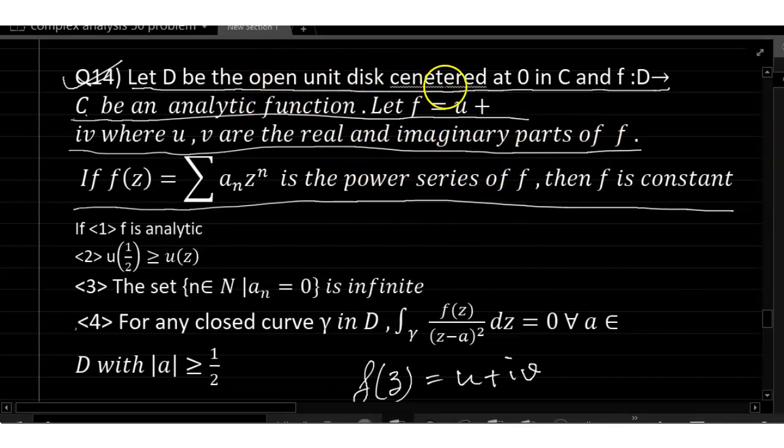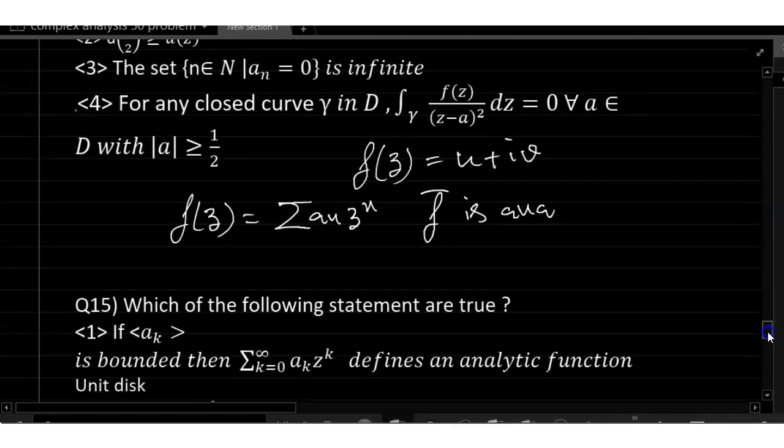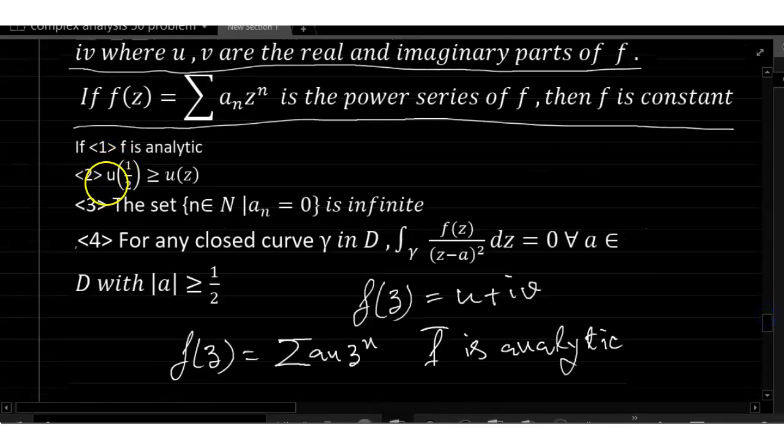Let D be the open disk centered at 0 in C, and f: D to C be analytic, then let f is u plus iv where u and v are real and imaginary parts of f. If f(z) is the power series of f, then f is constant. Okay, f bar is analytic. If f is analytic, f is constant.